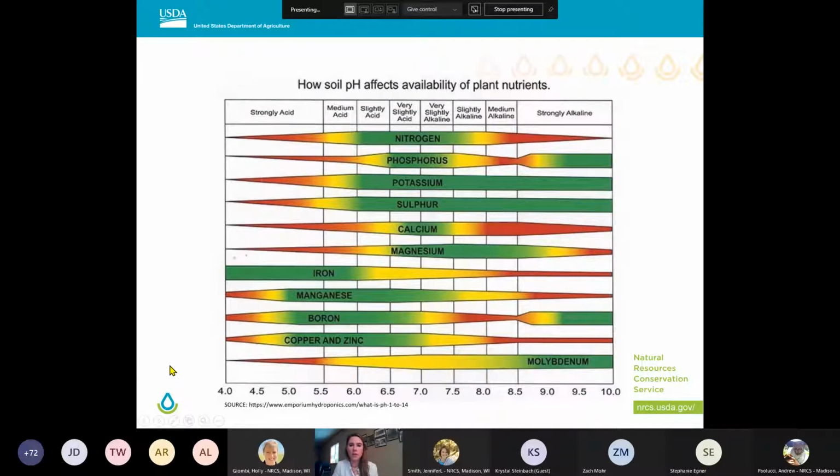I really like this figure because it shows how soil pH affects availability of plant nutrients. The wider these bars on this figure, the higher the uptake or nutrient availability. So you can see that most nutrients are most available within that kind of 6 to 8 range, and it depends.